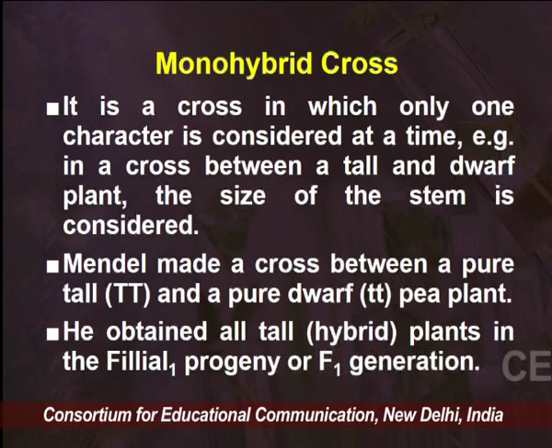The first step he did in his experimentation was the monohybrid cross. The monohybrid cross was the first stage cross, in which only one characteristic was considered at a time. Because this was the first time it was being conducted, he wanted to study the very initial stages, so he considered just one trait and crossed a tall and a dwarf plant. The size of the stem was the trait he considered.